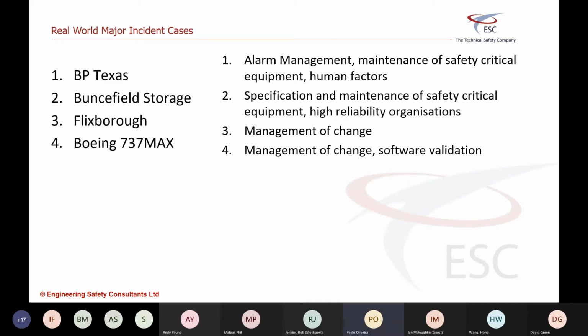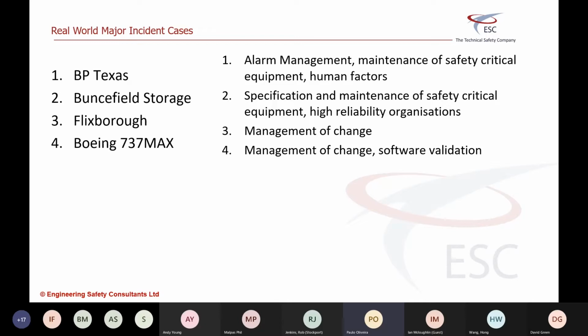And it was a sobering discussion. So for BP Texas, alarm management, maintenance of safety critical equipment, and human factors were quoted as the main root causes. For Buncefield, specification and maintenance of safety critical equipment, high reliability organizations, and also human factors.